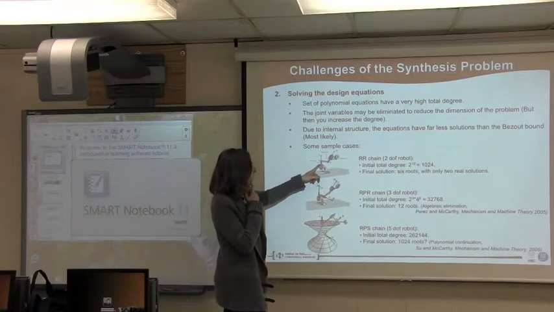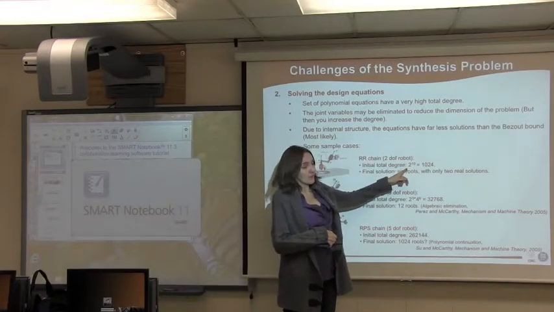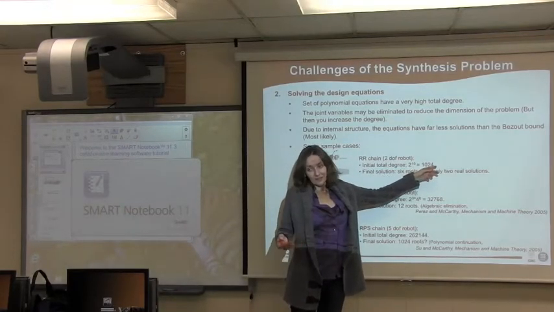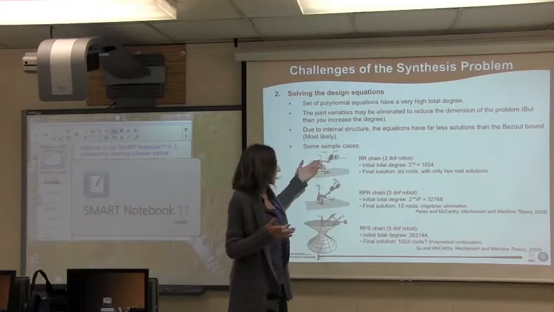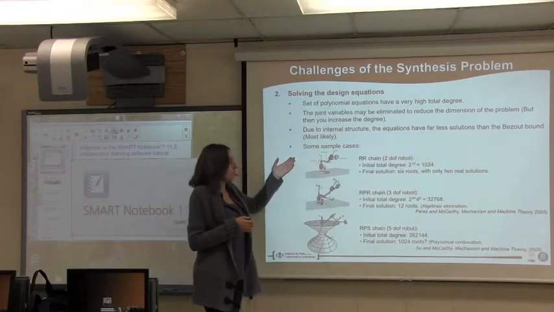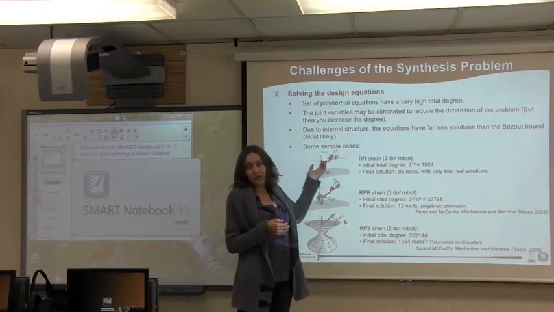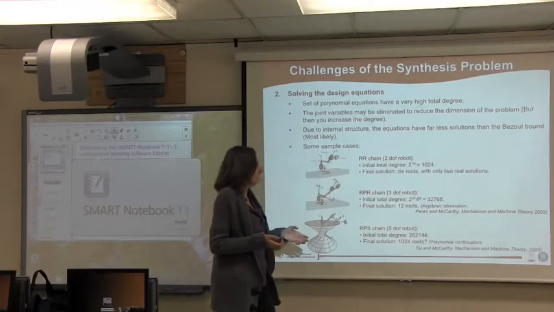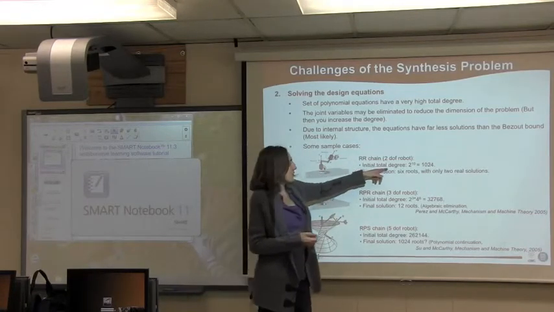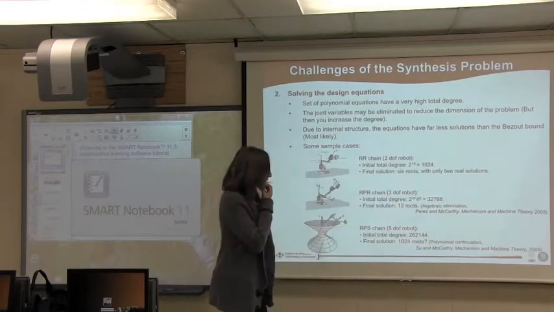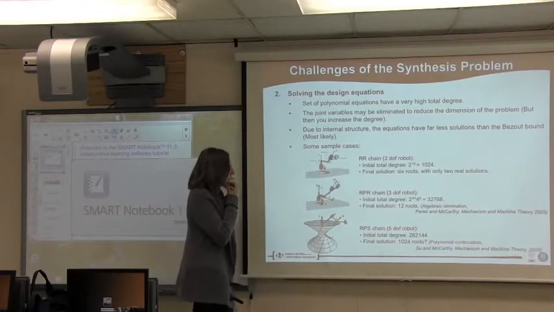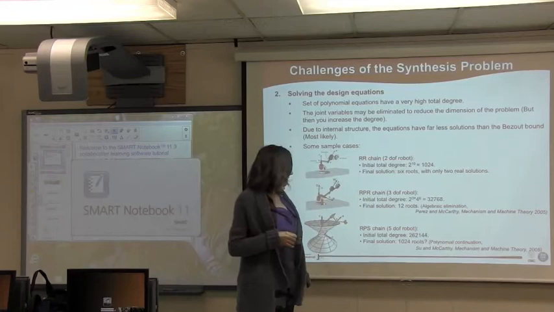For instance, this one is 10 quadratic equations, so in principle the total degree you can bound at 1024 solutions, but it only has 6 solutions in reality. The equations simplify a lot, and we cannot go with this. That's a waste of computer power and a lot of waiting time and so on.